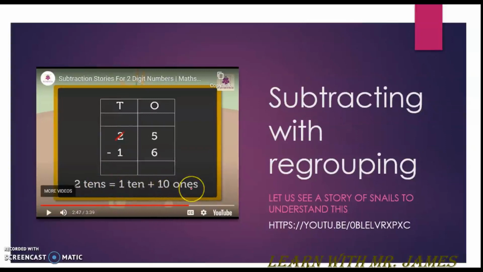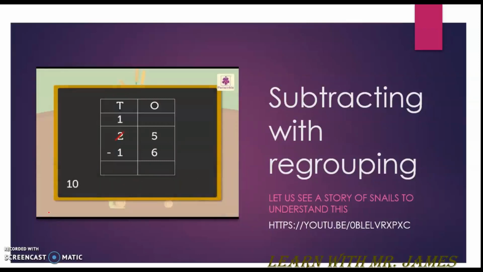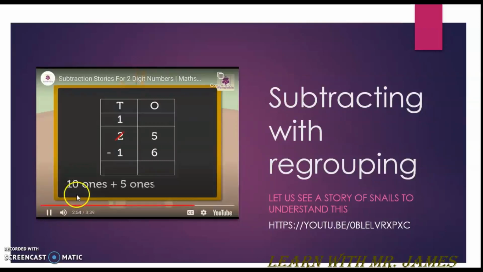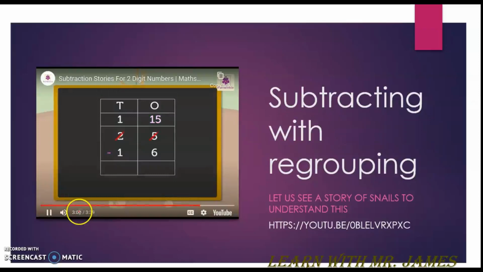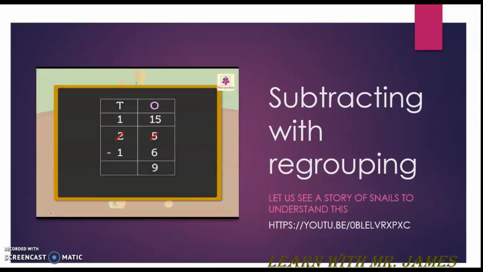You know, 10 ones makes 1 ten. So we are taking 1 ten from 2 tens, and adding the 10 ones to the 5 ones, we get 15 ones in the ones place. Now subtract: 15 minus 6 is equal to 9 ones.